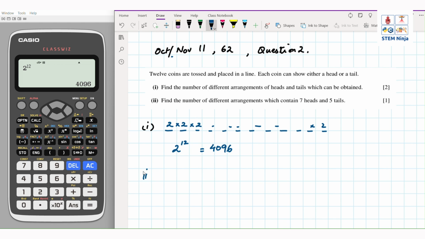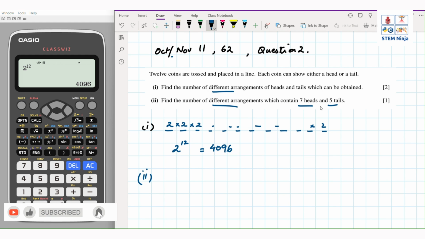Now, the second part. Find the number of different arrangements which contain 7 heads and 5 tails. Now, you see that the keyword is different arrangement. But 7 heads and 5 tails are identical items, like 7 identical heads and 5 identical tails.